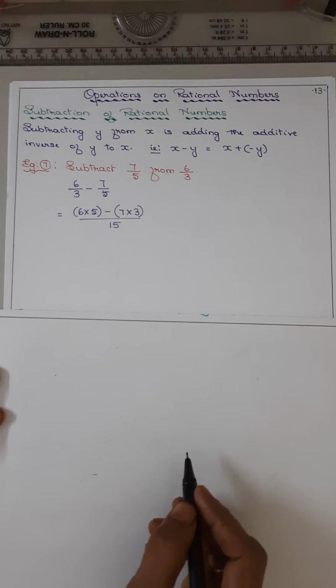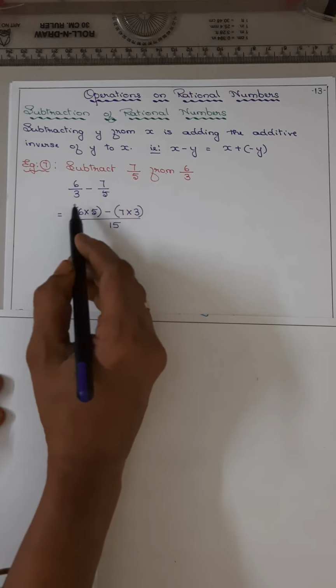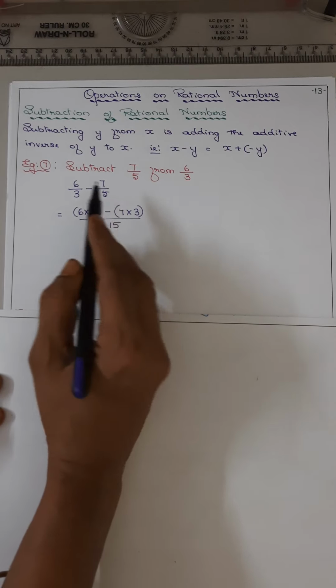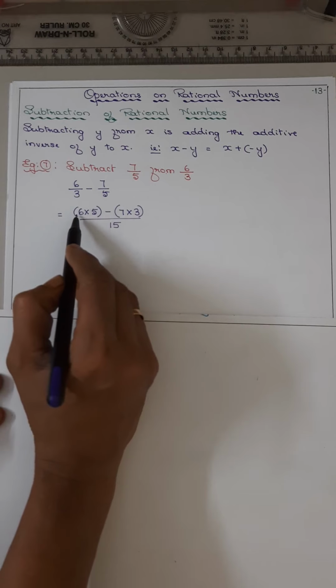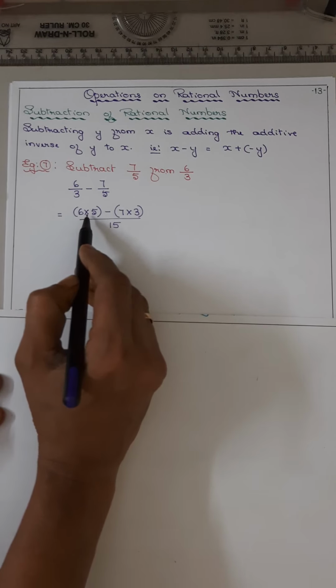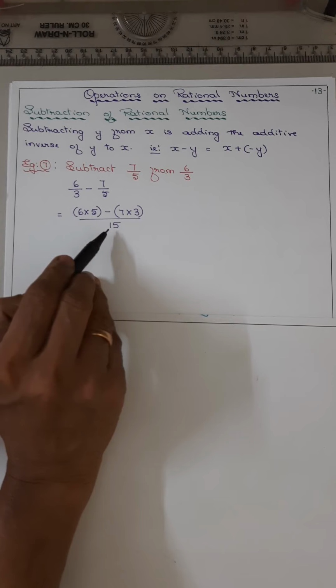Hope you are understanding. So first you write 3 and 5. What is the LCM? Write it only once in the denominator. Then write the numerator of the first rational number and put the multiplication sign. Now you ask the denominator 3, how much are 15? 3 5s are 15.